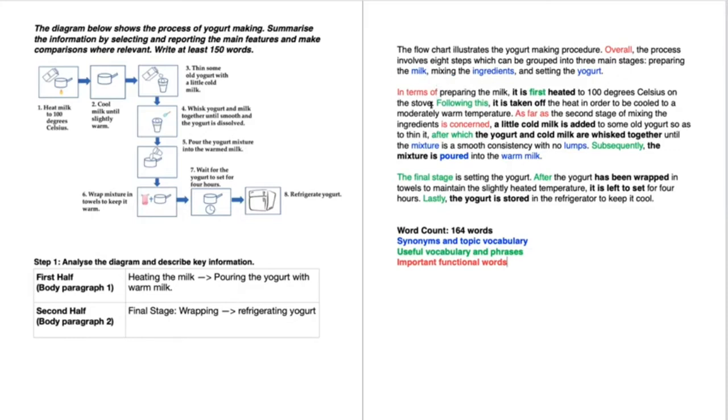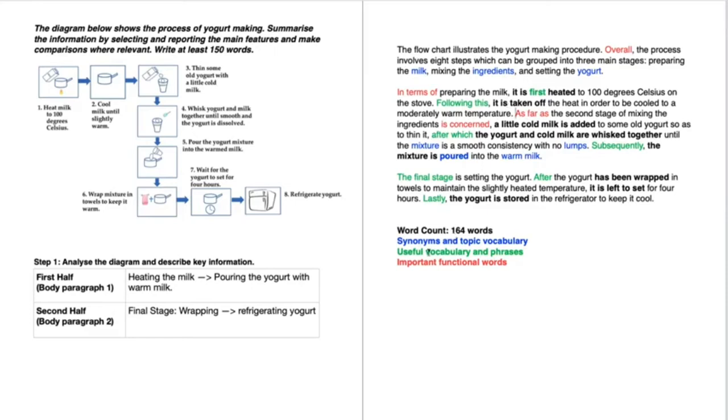This is quite specific because we're talking only about preparing the milk. Then this is a great formula. As far as, and then we have something, is concerned. So we would put a noun here. So as far as the second stage is concerned, and then we talk about it with some detail. These are just great to be specific, give examples, and make the essay just move along.